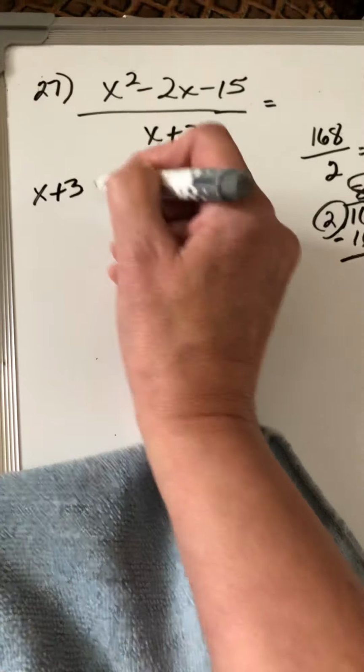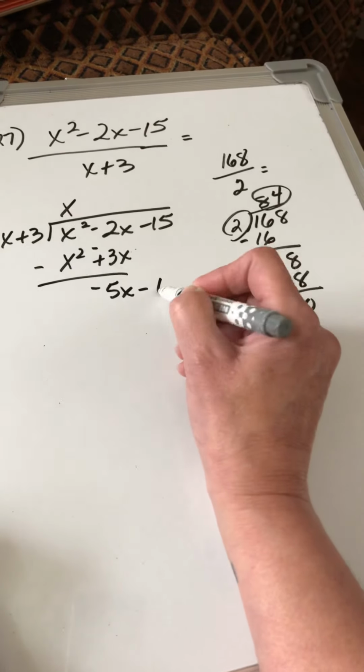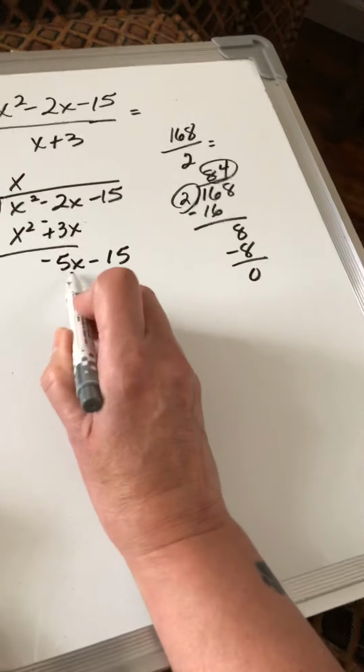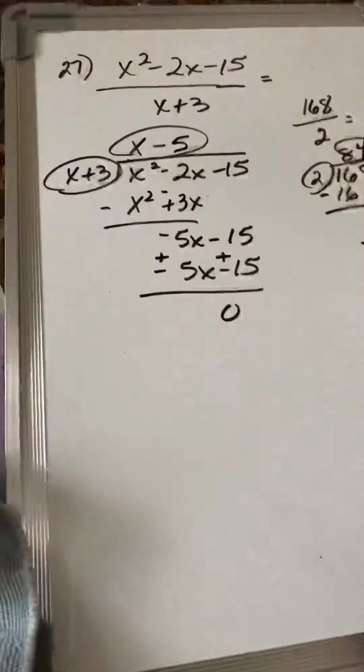X divides into x squared x times, multiply through. Subtract. X divides into negative 5x, negative 5 times, multiply through. Subtract. And that's it.